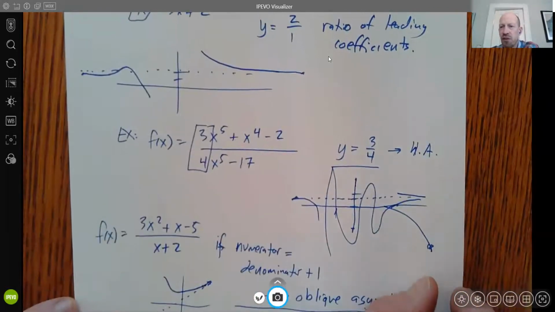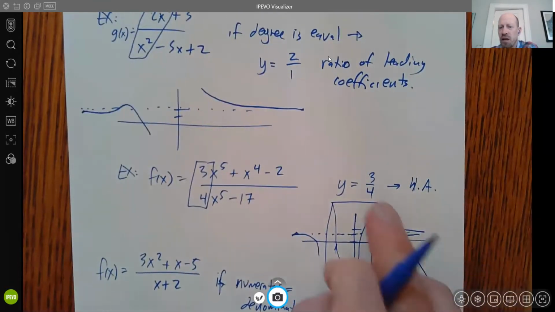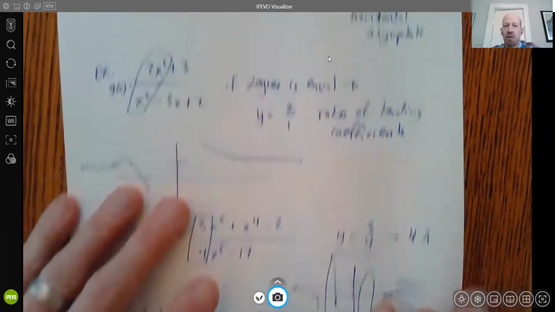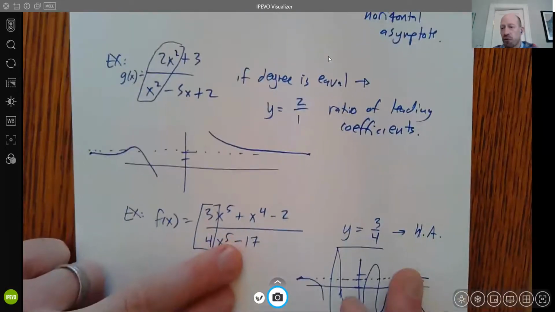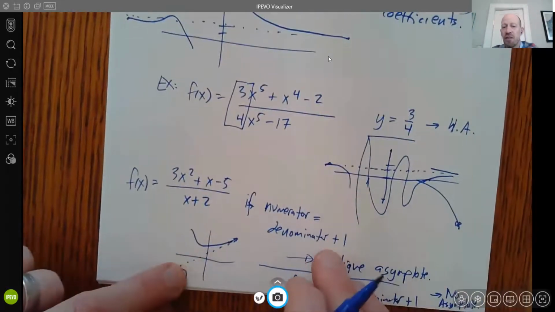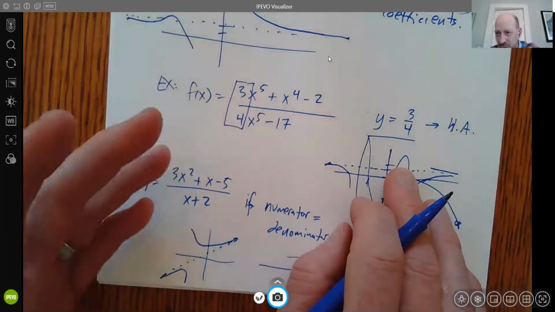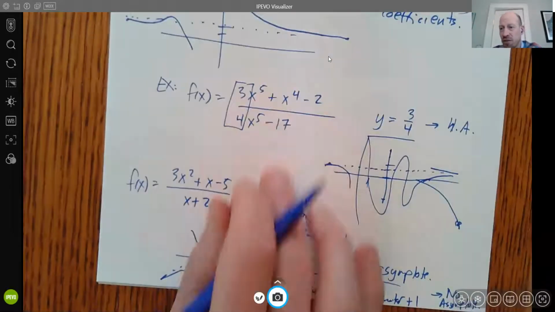So it's a little tricky to talk about here because these are called horizontal asymptotes: y equals 0, y equals 2, y equals 3/4. This is called an oblique asymptote, but it's like a horizontal asymptote. I mean, it's not horizontal, but all of these are possibilities.